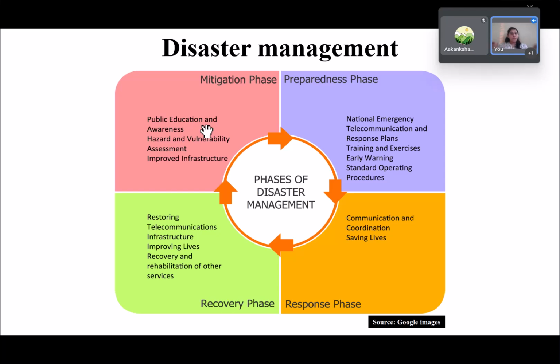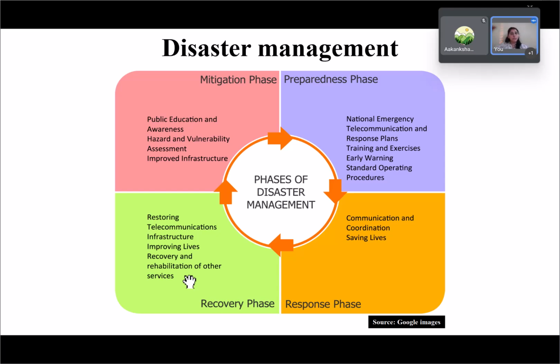Okay. Now, but what happens when your actual disaster takes place? The first is response, where you are communicating and coordinating to save life, and then you have recovery, where you are doing the same things that you were doing in preparation and mitigation phase, but now in a better way. For example, you are restoring telecommunications infrastructure, you're improving lives, and you are mostly focusing on the rehabilitation of other services.